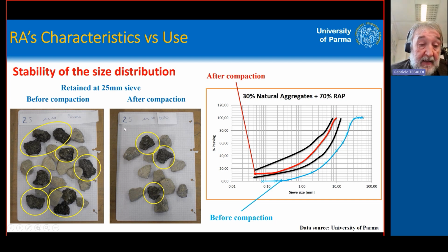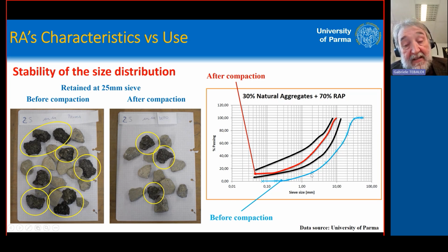As you can see, some of these clusters are no longer retained at the 25 millimeter sieve. So basically what we found, mixing 30% of natural aggregate and 70% of RAP, is that we started with this size distribution, and we had at the end this one.